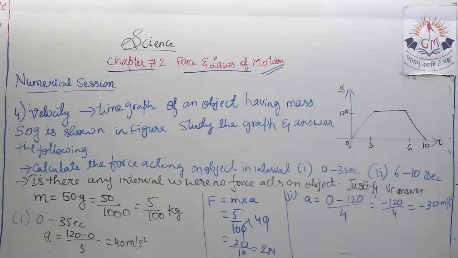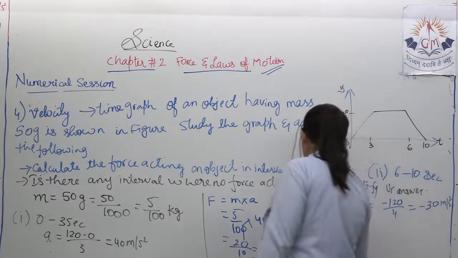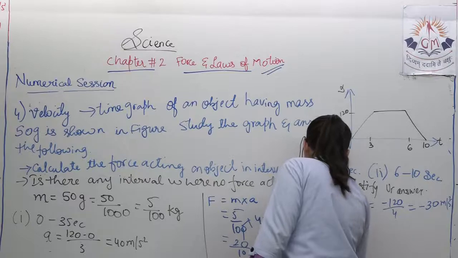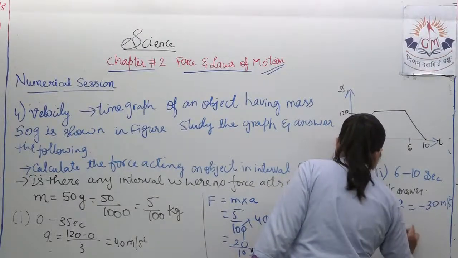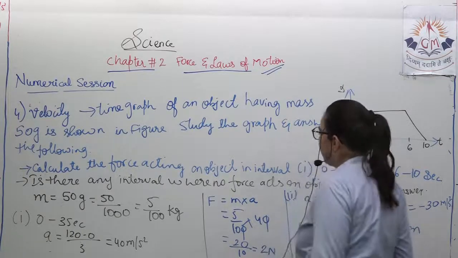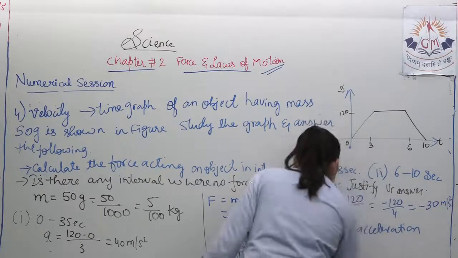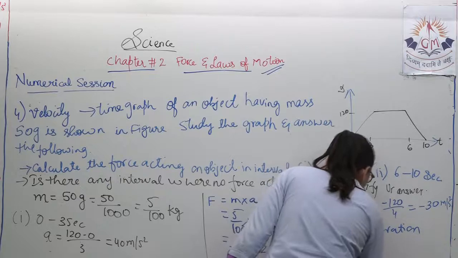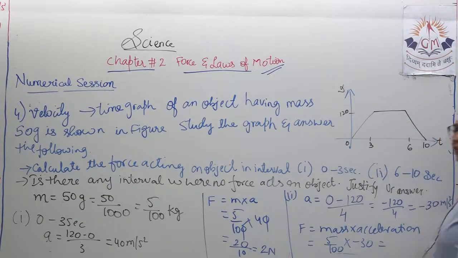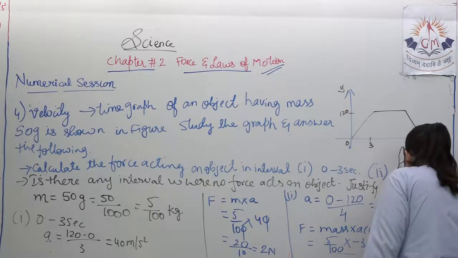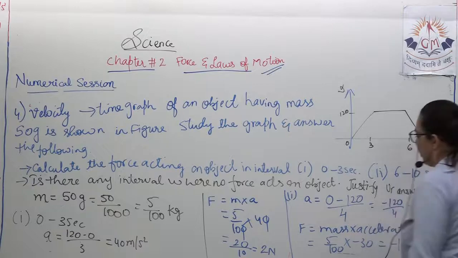Now what will be the force equal to? Mass into acceleration. What is the mass? 5 by 100 into minus 30. 0, 0 cancel. 5 threes are 15. Minus 15 by 10, that comes to minus 1.5 Newton.